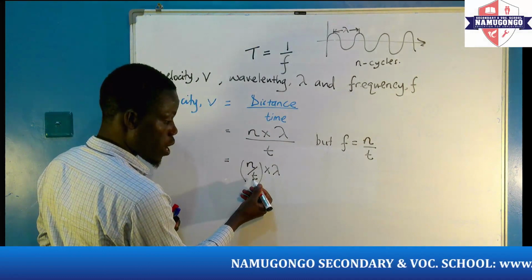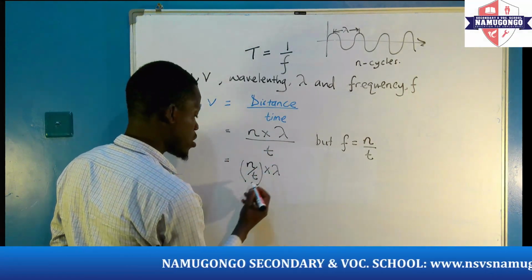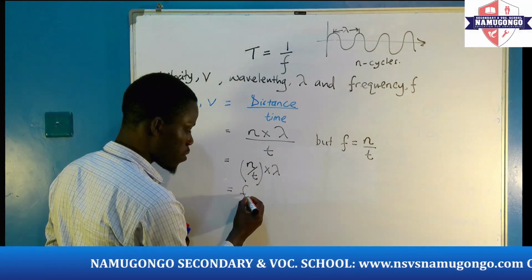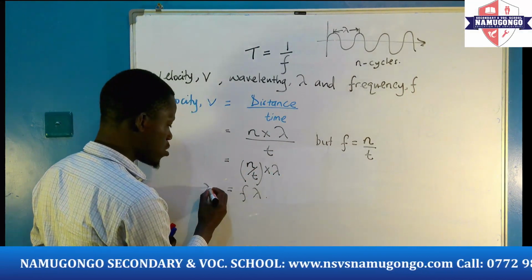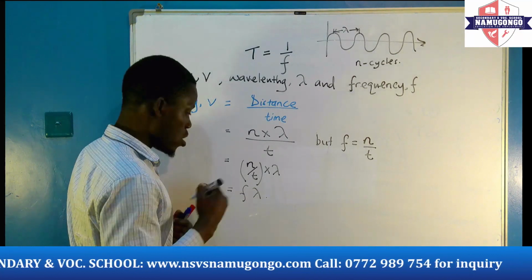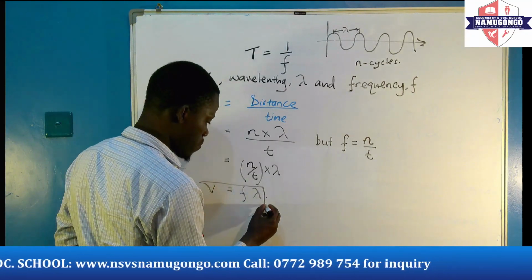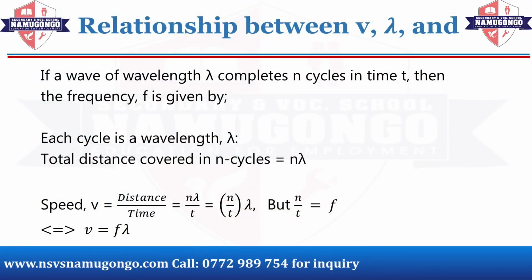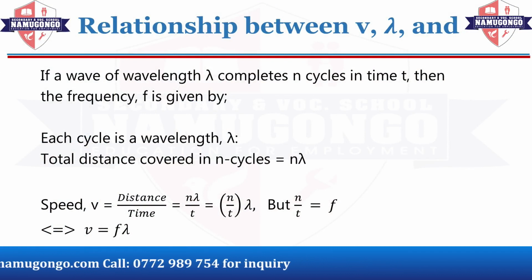So where we have n divided by t, we shall substitute with f, and we shall have f lambda. And this is what we are calling our velocity. So this expression here is what we are calling the relationship between the velocity, wavelength, and frequency. And it is what we call the wave equation.